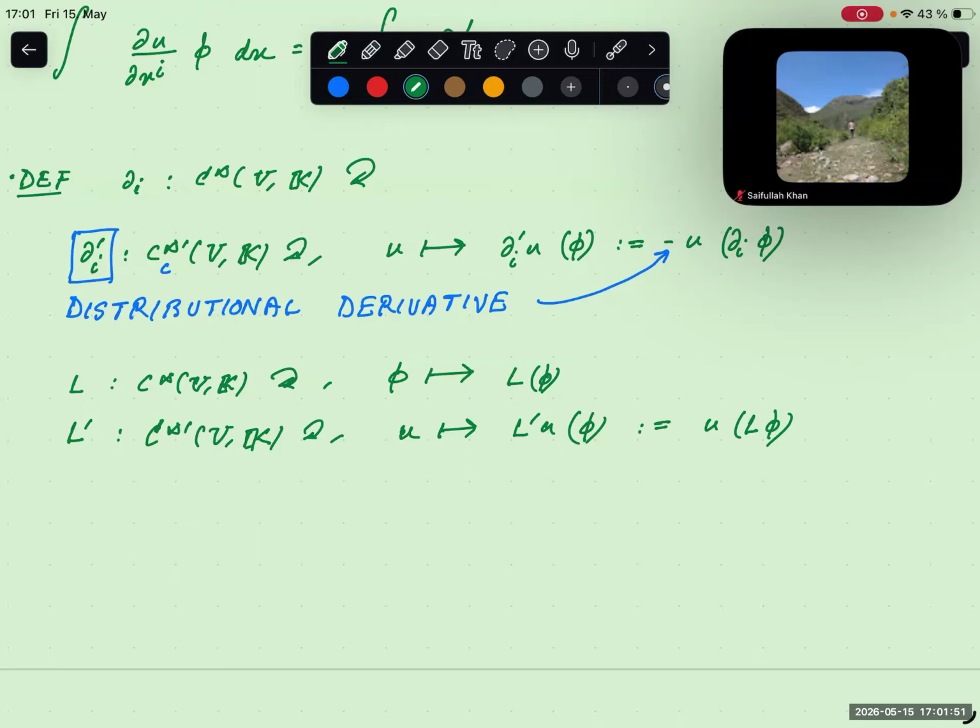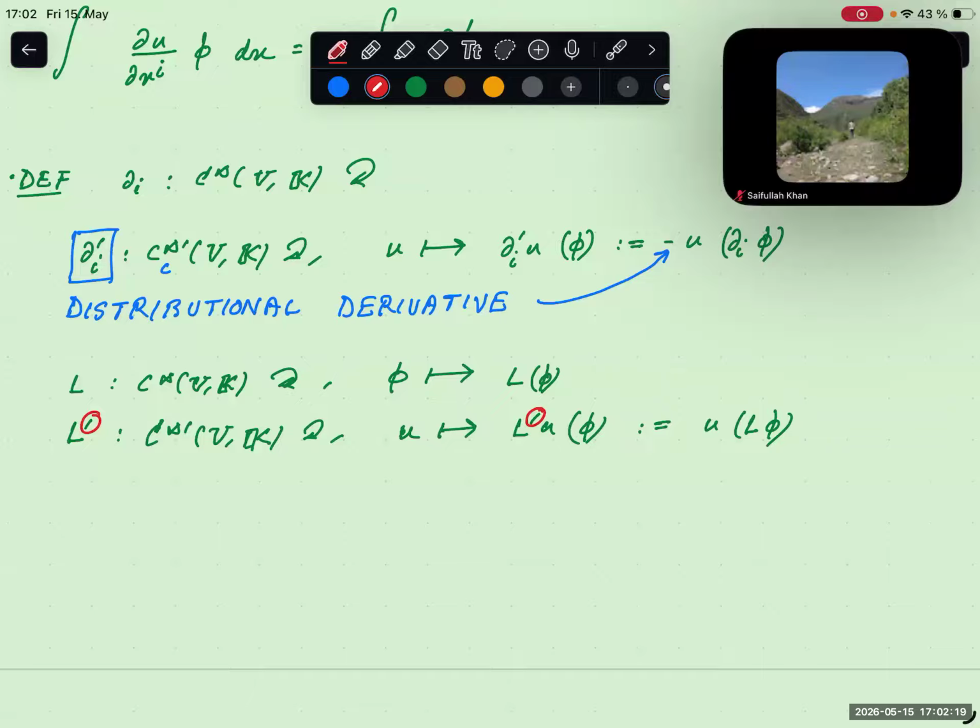Now, in practice, sometimes we omit this notation. We just say it acts distributionally, without writing a different notation. And then you will see the same L, notationally the same L here and there, but they are not the same L. It's just written this way for simplicity and to not make your notation very cumbersome.